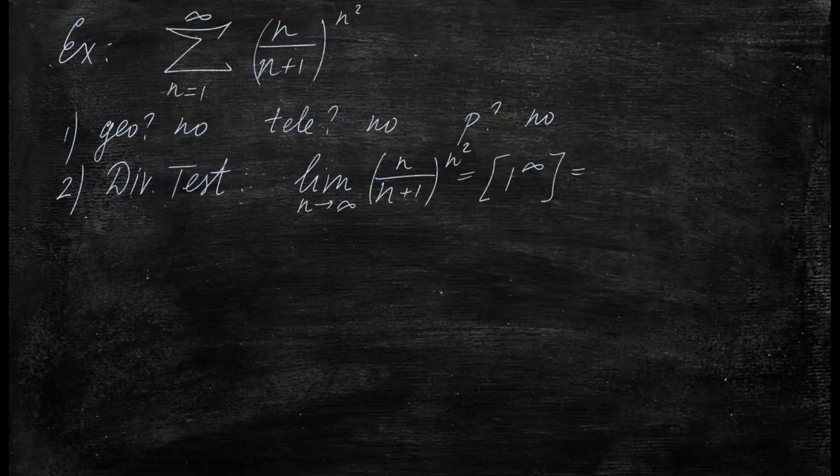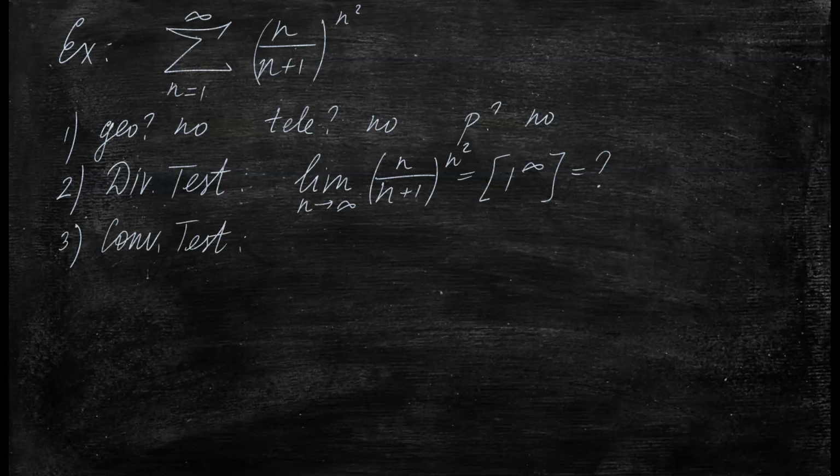Well, we do want to say it, but is it really true? Because 1 to the infinity can actually be anything. So we don't really know what this is, and instead of committing ourselves to spending the next 10-15 minutes trying to find this limit, let's do something else. Let's try to apply one of the convergence tests, see if it works.